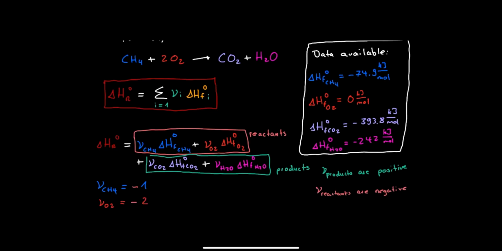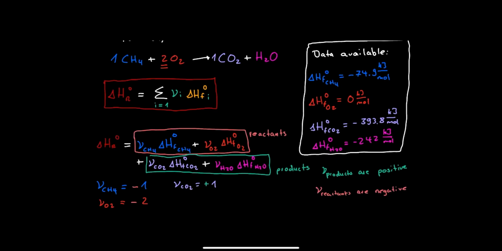For the stoichiometric coefficients, we just have to look at our chemical equation. We have 1 methane, and the 2 for oxygen comes from the 2 before the O2. The stoichiometric coefficient of our product, carbon dioxide: if we take a closer look at the reaction, we only have 1 CO2, hence +1.